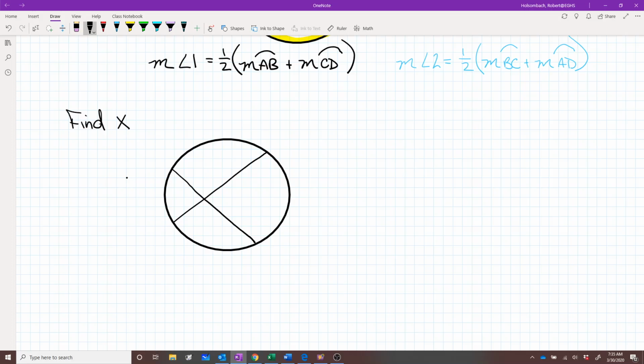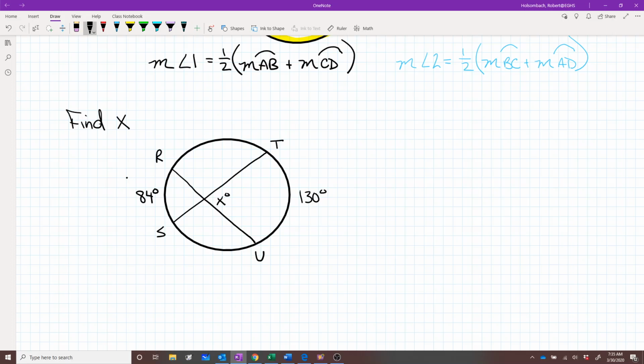And you're given points R, S, T, and U. And arc RS is 84 degrees. And arc TU is 130 degrees. And here is x.